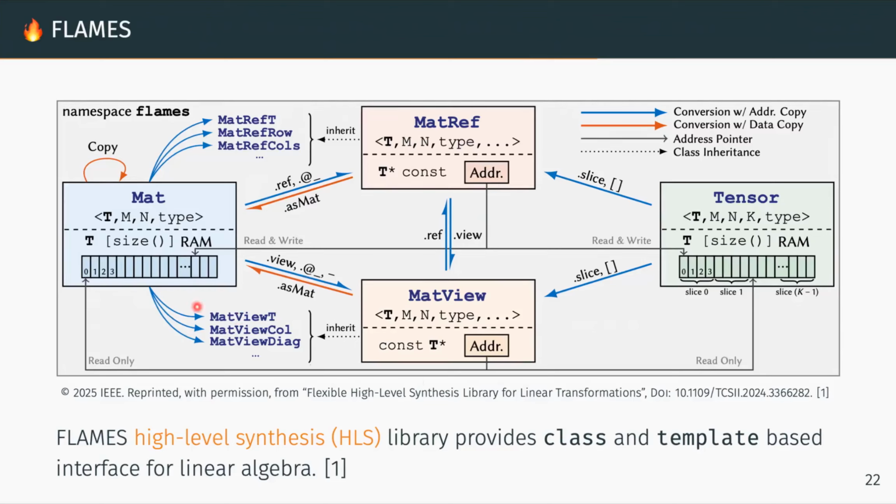I have everything encapsulated in a class named mat, and we can access its elements via the C++ operator. We also have tensors that hold slices of matrices. And we also have the view class or the ref class that will not copy the data so often, because copying data is expensive.